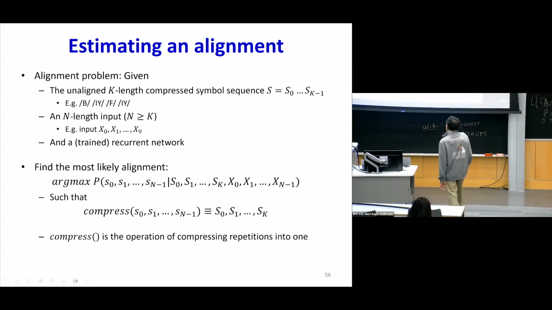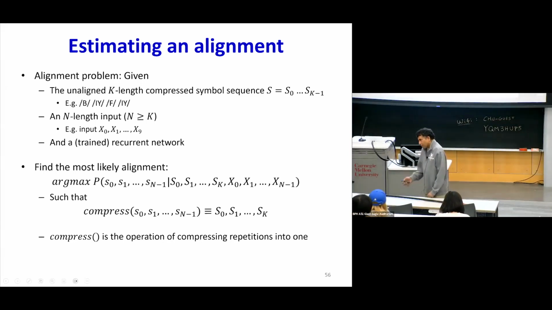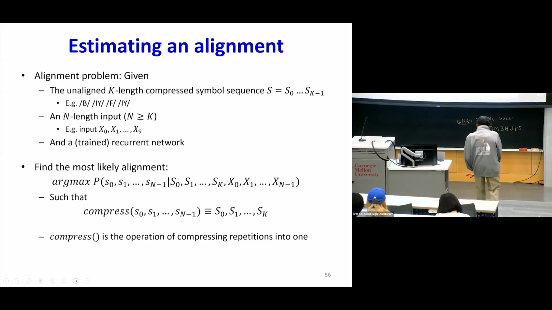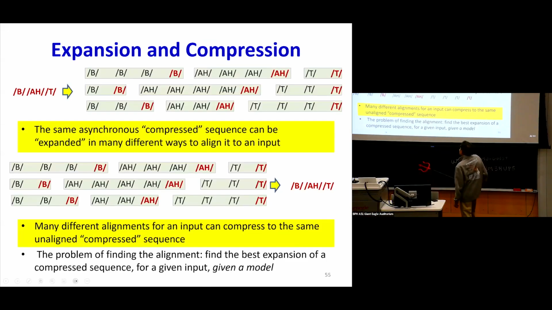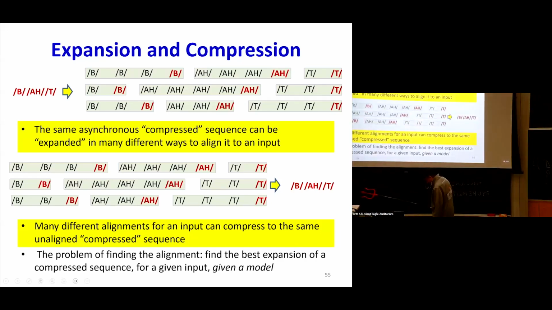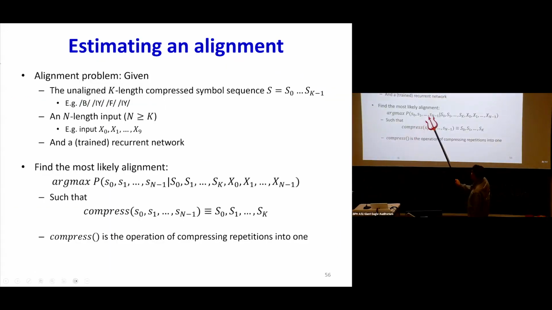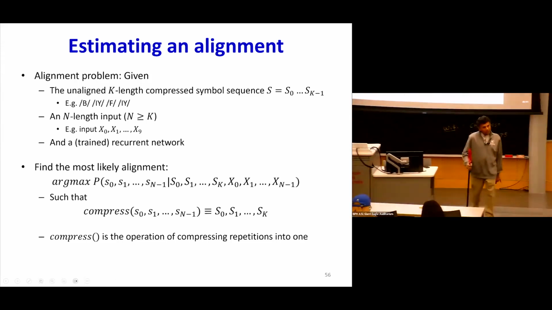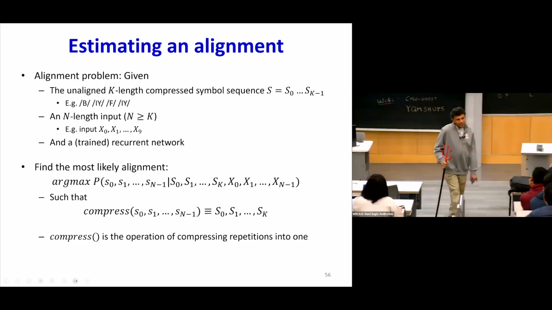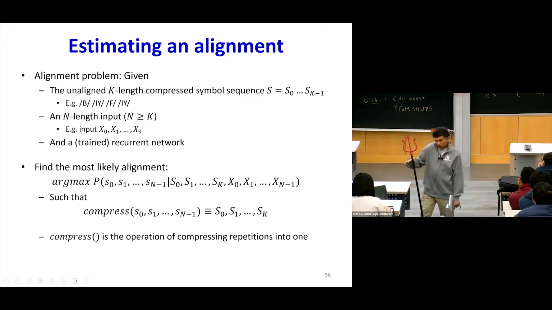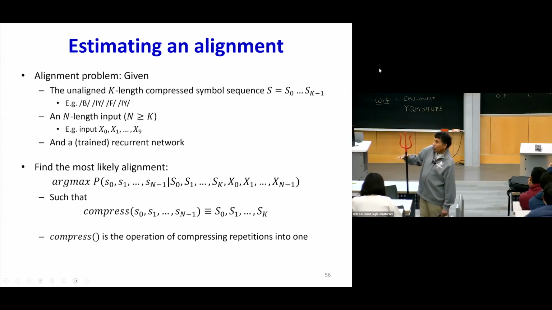And so our problem of finding the alignment can be stated in this manner. I want to find the expanded sequence, where the expansion is basically obtained by repeating things. So I want to find the expanded sequence that's most likely given my input and given the shorter, asynchronous sequence. I'm given the input sequence of input vectors. I'm informed that this is the word but. Find me the alignment.